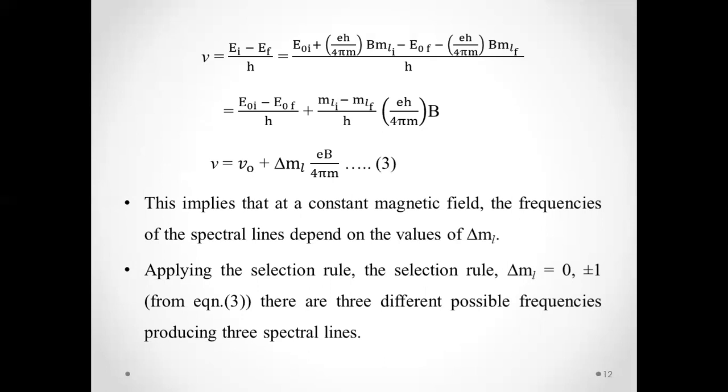After simplification, we get (E0I minus E0F) divided by h plus (MLI minus MLF) divided by h into eh by 4 pi m into B. Finally, the frequency nu is equal to nu naught plus delta ML into eB divided by 4 pi m.